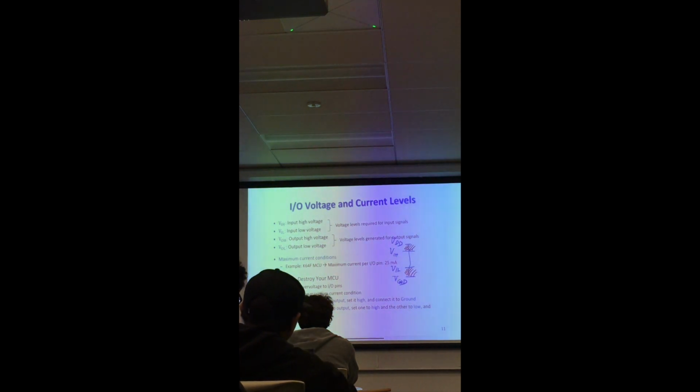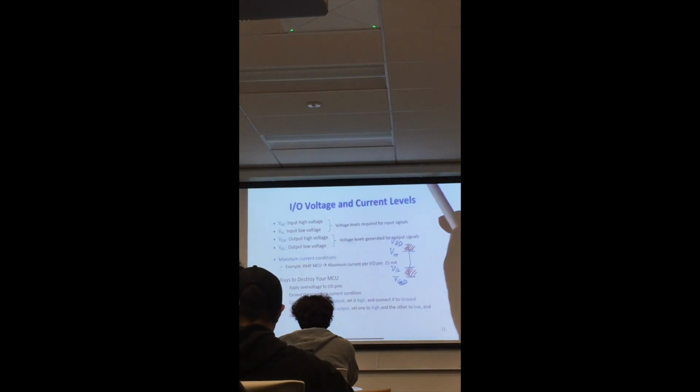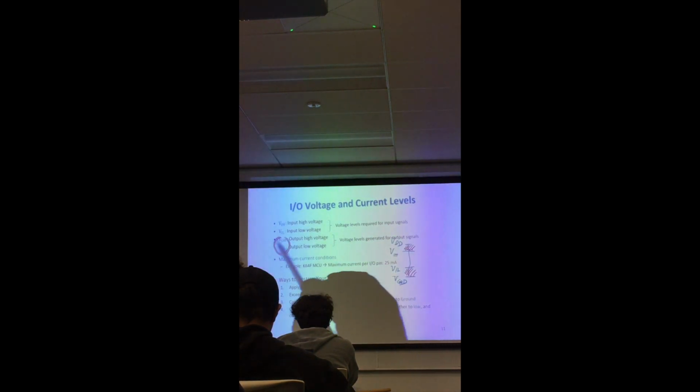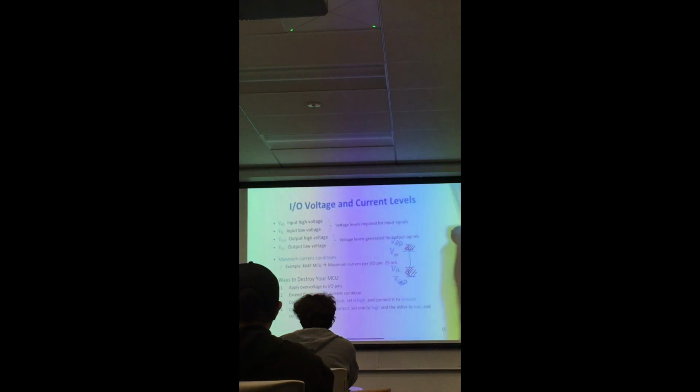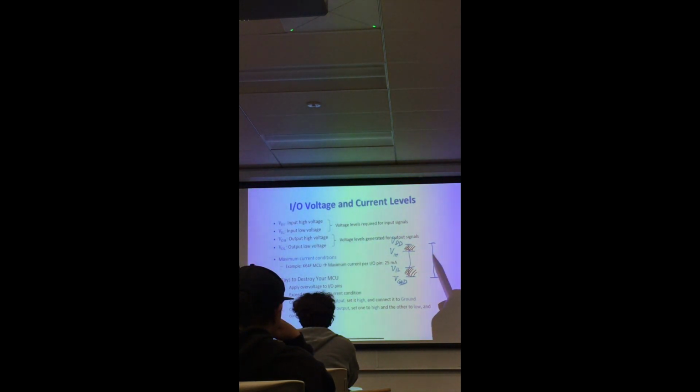Now, as far as output voltages, that's what the manufacturer of this microcontroller guarantees as high or low. Let me go again. This is VDD, this is ground, and let's say I include a break here.